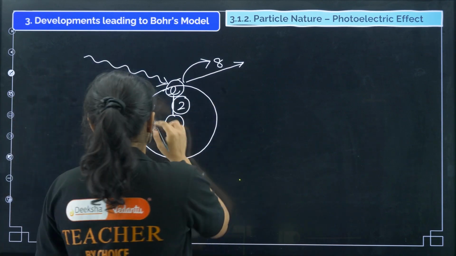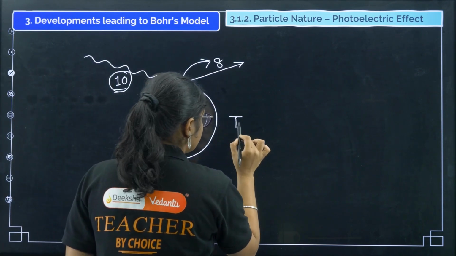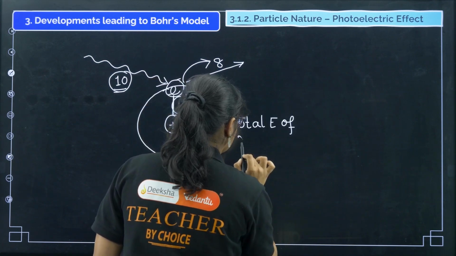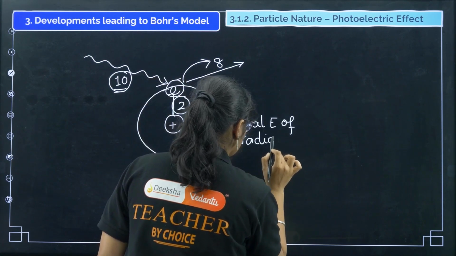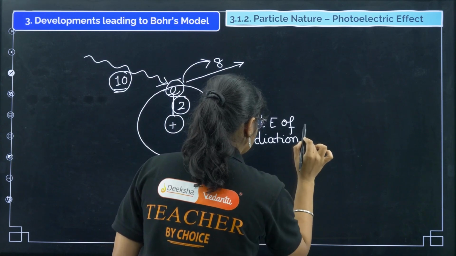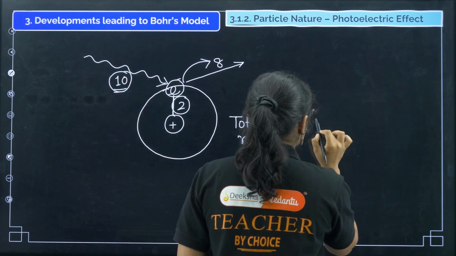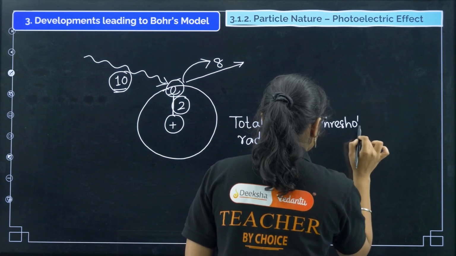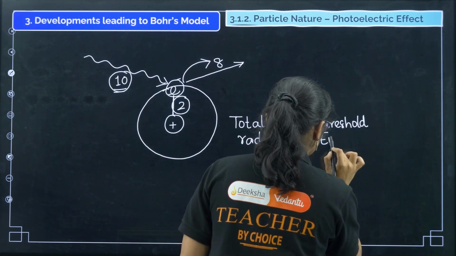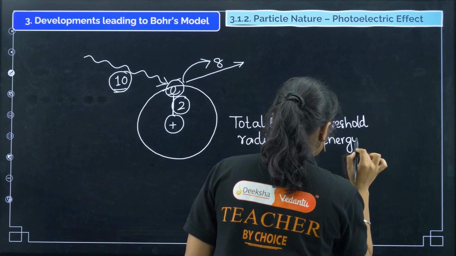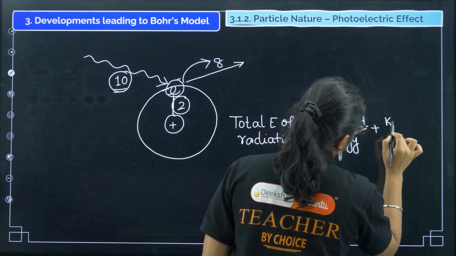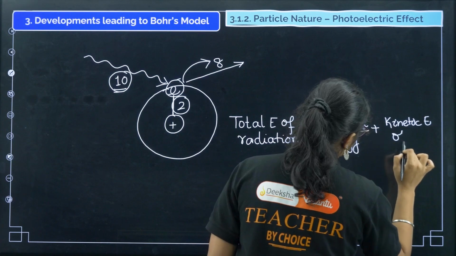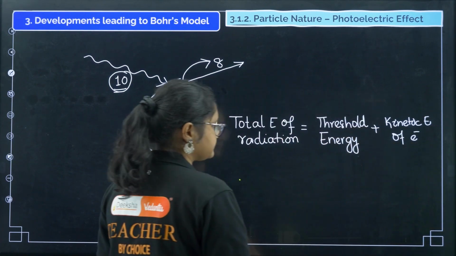So I can say the total energy of radiation will be utilized in the threshold energy plus the kinetic energy of electrons.